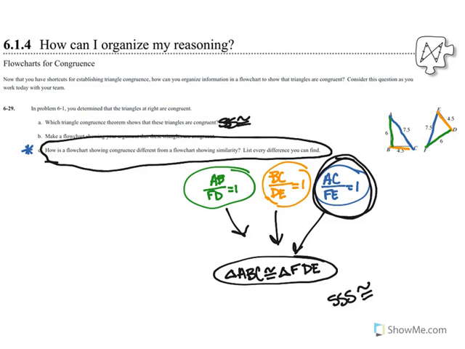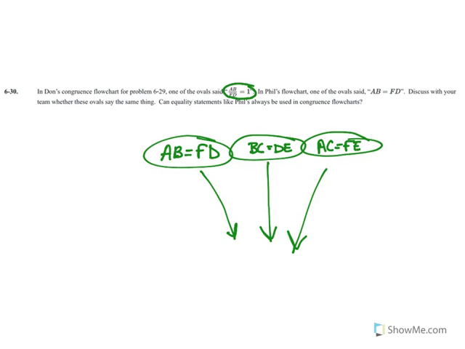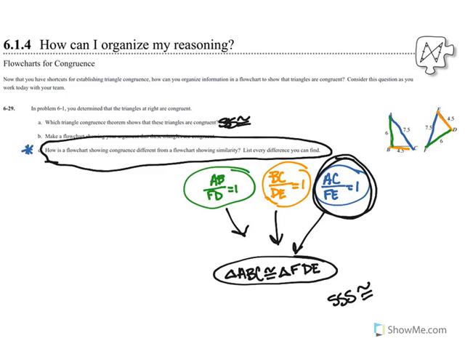Then we said AC over FE equals 1, so we can say AC equals FE. This actually is the same thing. The reason we don't start out with that is just because that concept of their proportionality being 1 is actually really important. So then we could just make this exactly the same chart.